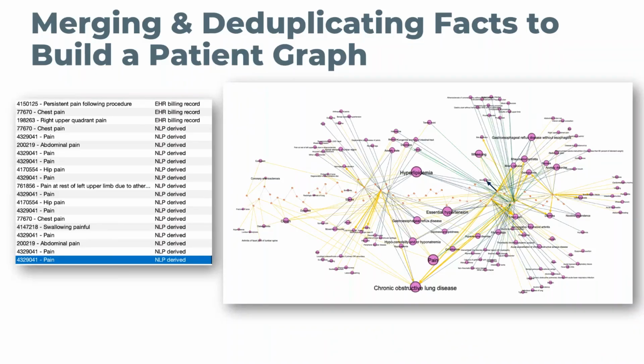When I say merge, it means that maybe we have the same entity, let's say abdominal pain, but some of the records come with more information associated with it, like the date, or the care site where it was diagnosed. If that information is not present in the other mention, we can merge them and keep the more complete record.